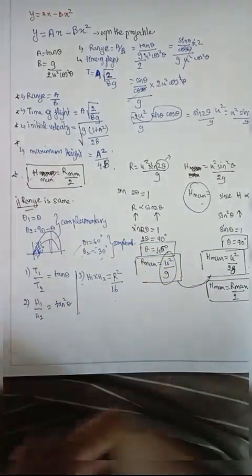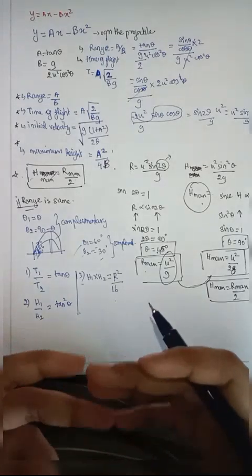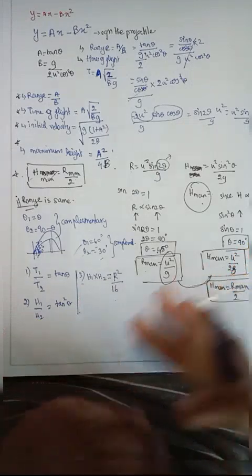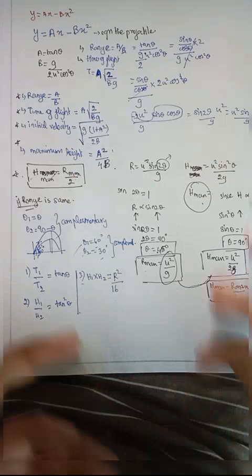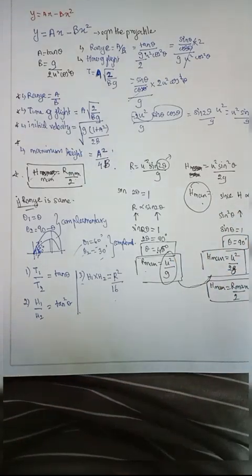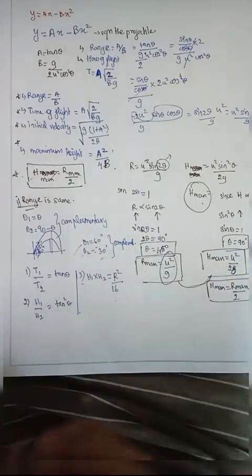If a projectile is projected with two complementary angles, let H1 be the height, and H2 be the maximum height reached by the projectile when projected with an angle 60 degree, and R is the range they gave in the question. What is the relation between these three they are asking us?